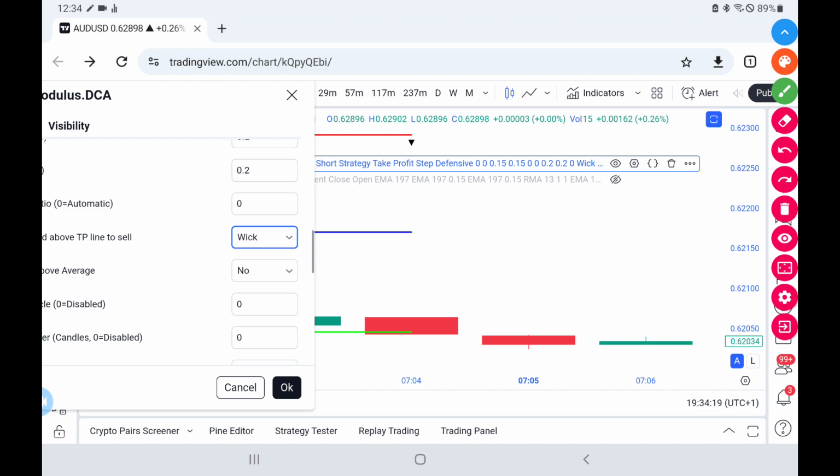Now, what does this really mean? Really, only one thing. Risk mitigation. That's it. If you go with the wick only, you have a higher probability of getting out of the trade sooner, but at the cost of some profit.